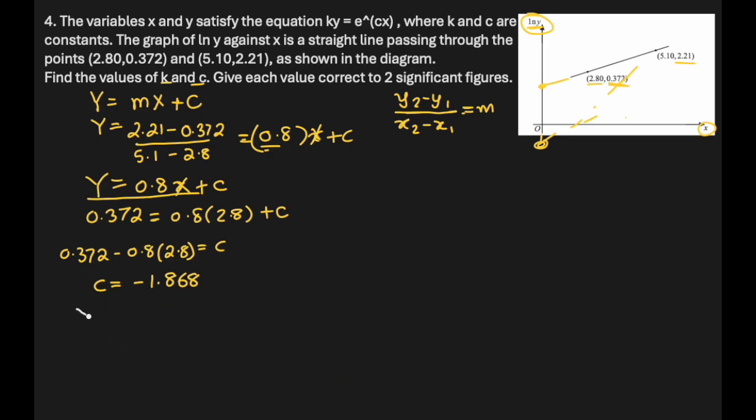So y is equal to 0.8x minus 1.868. Now our original y-axis was natural log y, so we'll replace it by natural log y now, and the capital X will be replaced by simple x, minus 1.868.